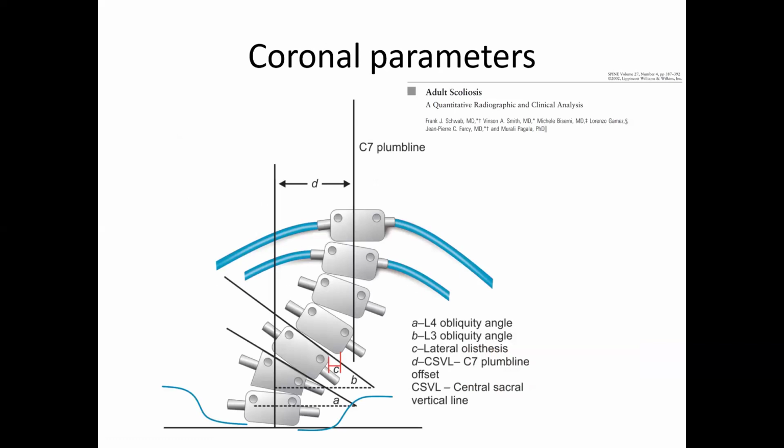And the L4 obliquity angle is the angle formed between the superior end plate of L4 and the perpendicular line drawn to the central sacral vertical line. In a study by Schwab in 2002, he states that L4 obliquity angle and L3 obliquity angle correspond to the patient's visual analog score for pain more than the Cobb's angle.